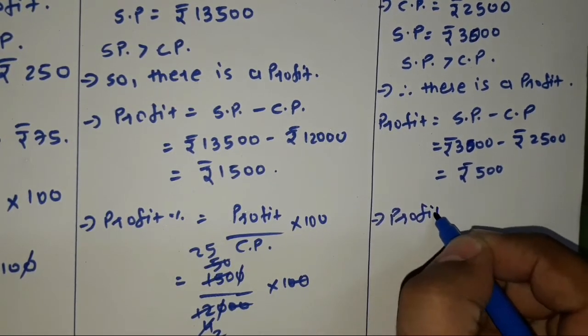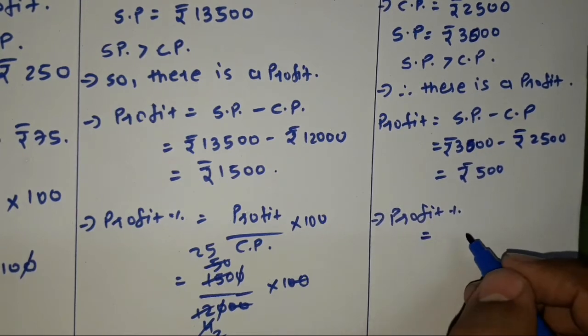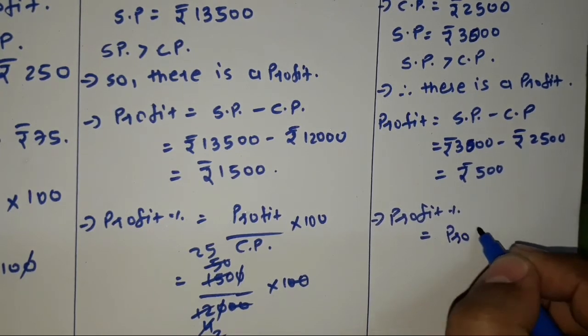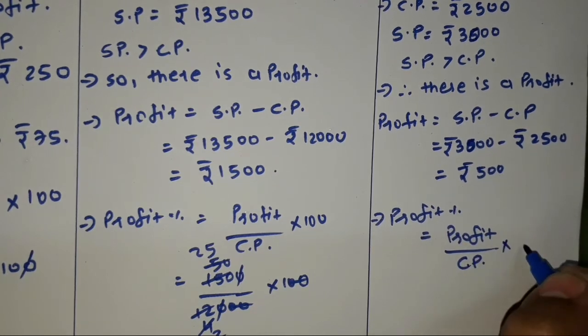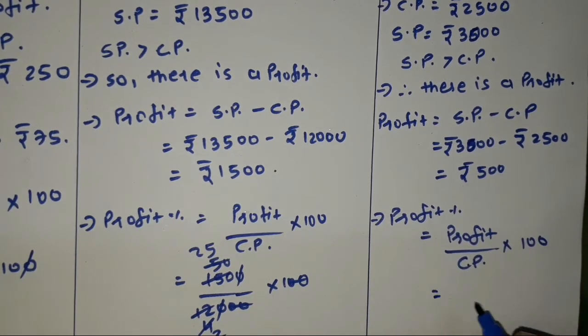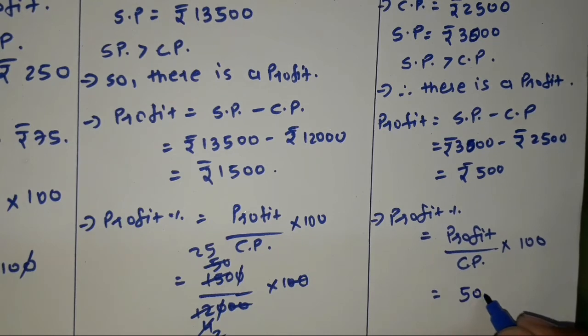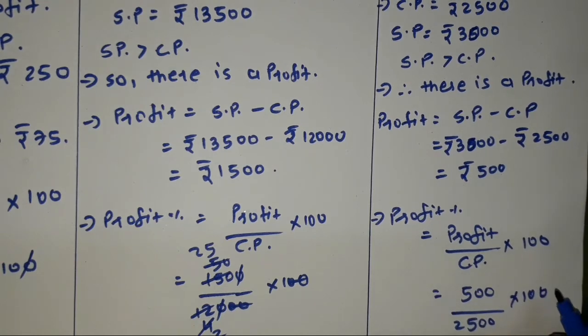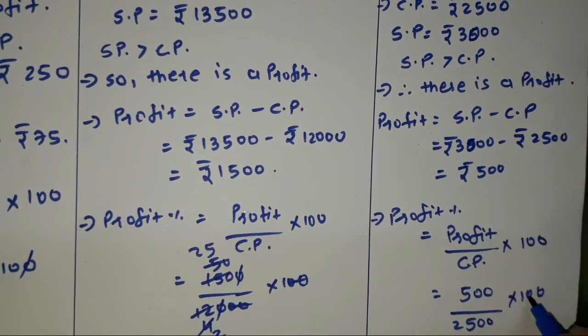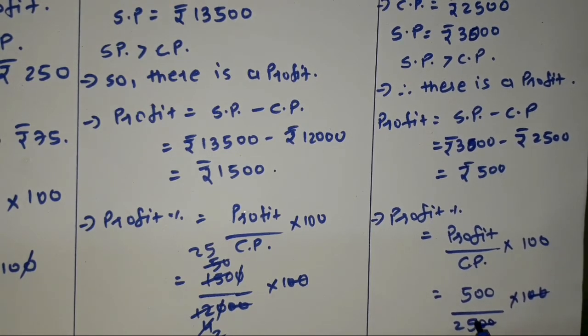So profit percentage is equal to profit upon cost price multiplied by 100. So profit is how much? 500. Cost price is 2,500 multiplied by 100. So what we will do here? These two zeros will be cancelled. 25 2s are 50, and this 0 I will add.